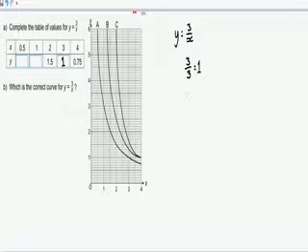Okay, now the next one, we've got x is 1, so that would be 3 over 1. Now anything over 1 is itself, so we just get 3. So we put in 3.